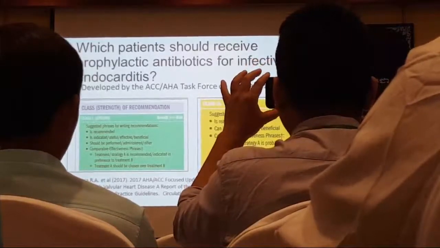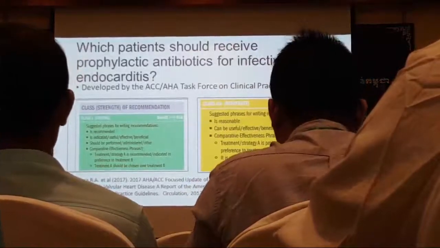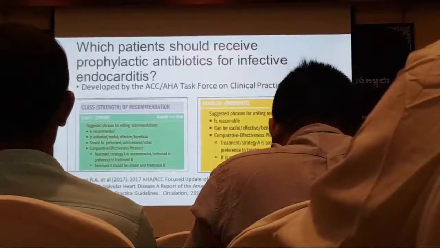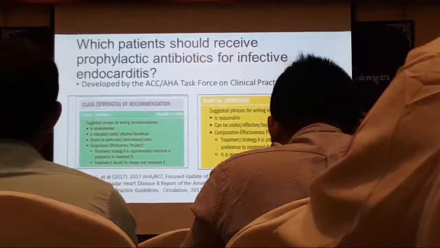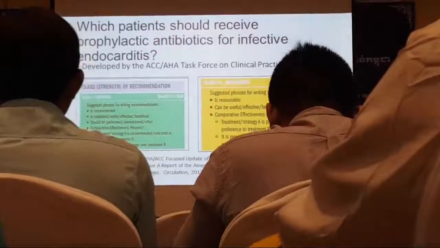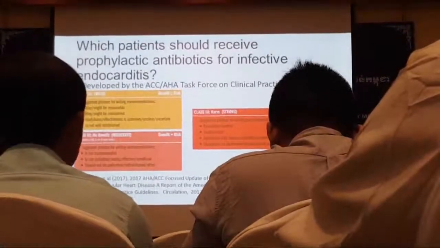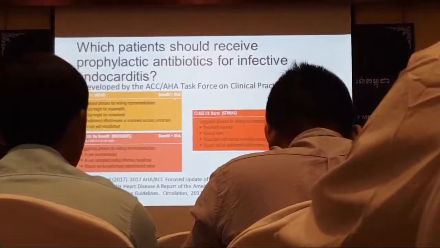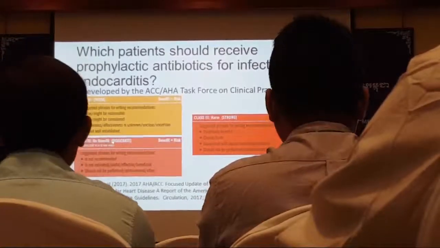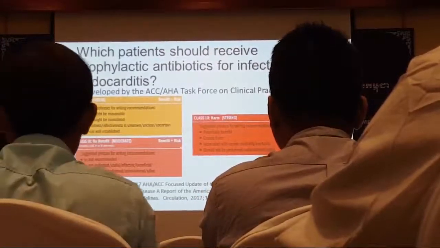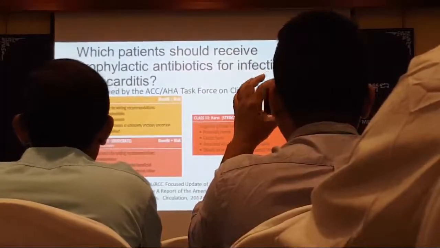So first, we have strong recommendation, which means great benefit compared to risk. The next is moderate, some benefit compared to risk. And then as I look at other classifications, they have benefit is greater or equal to risk. And then moderate, no benefit, class 3, benefit equals risk. And then harm, risk is greater than benefit.